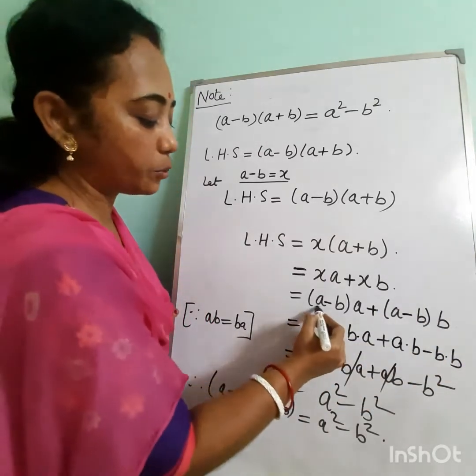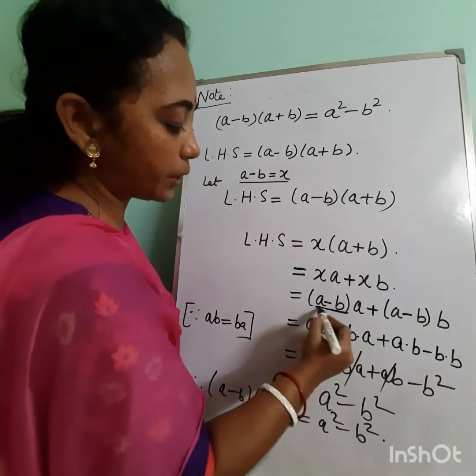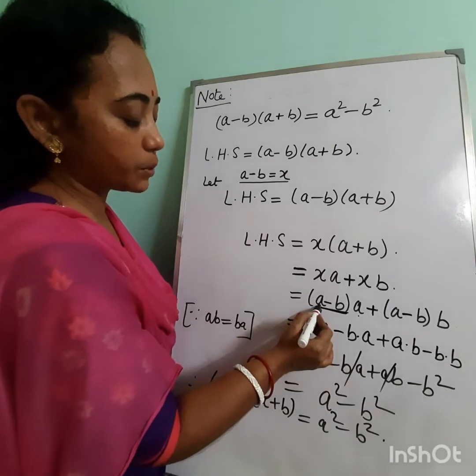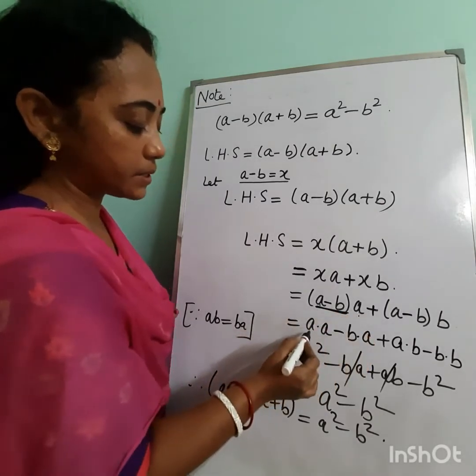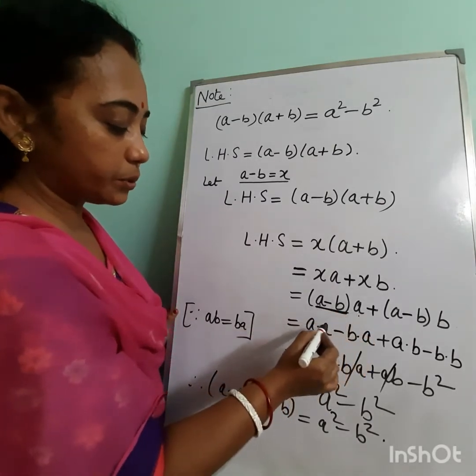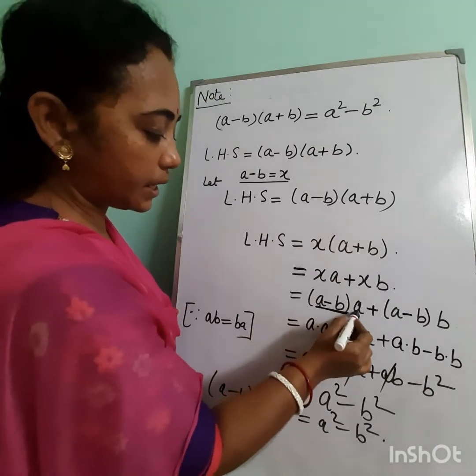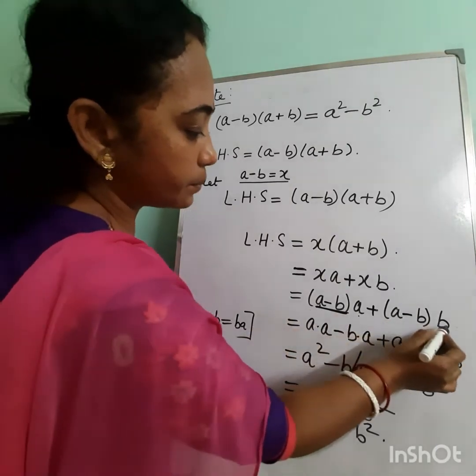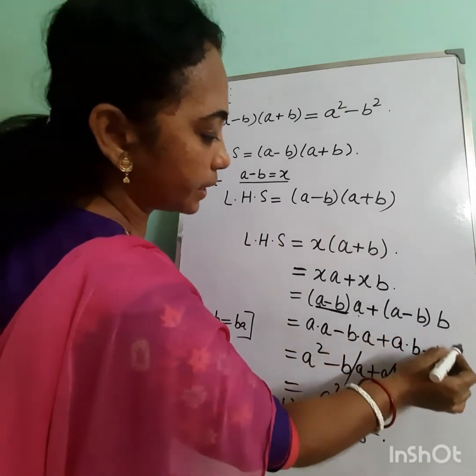Now this is the binomial and this is the monomial. So we will multiply each term of the binomial with the monomial. That is again by the distributive law. So a multiplied by a minus b multiplied by a, plus a multiplied by b minus b multiplied by b.